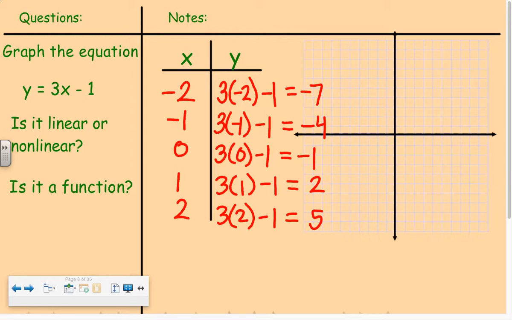So here is how I get my ordered pairs. I take my x value and my y value.